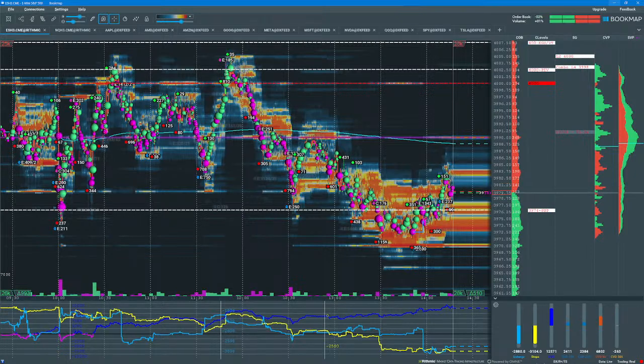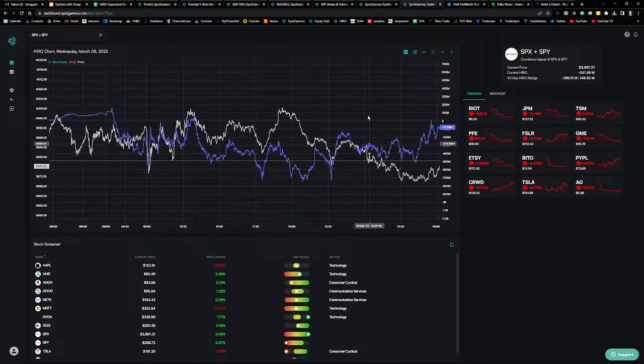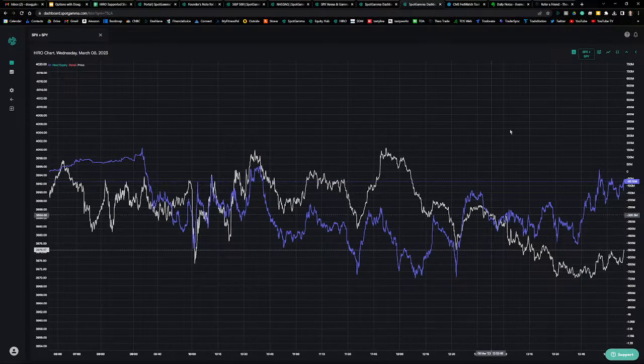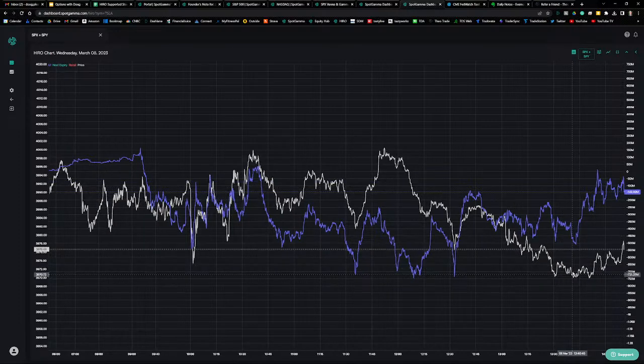Let's just go back and take a look at Hero and see what traders are doing now. Just looking at the total signal, this shows the same thing as well: traders are taking positive delta positions just below that 3974 level, and price is now starting to move higher. Let's go back to Bookmap now.